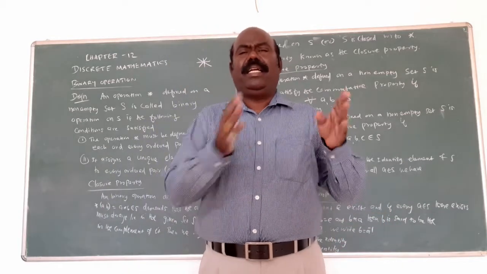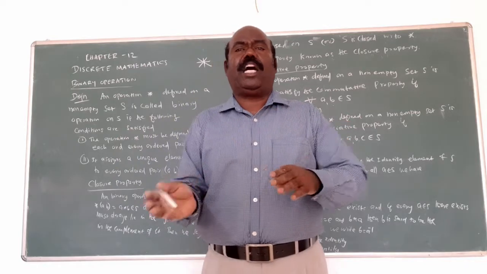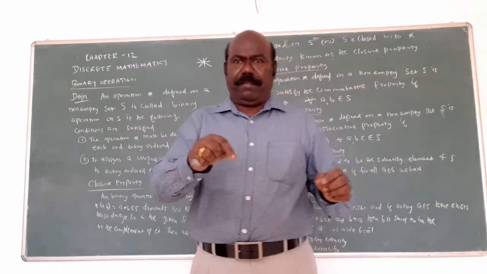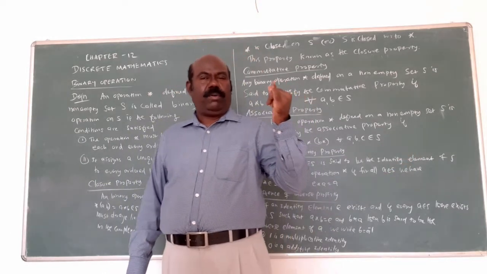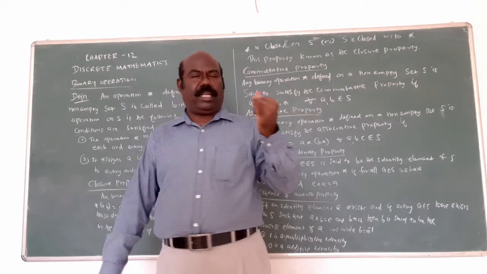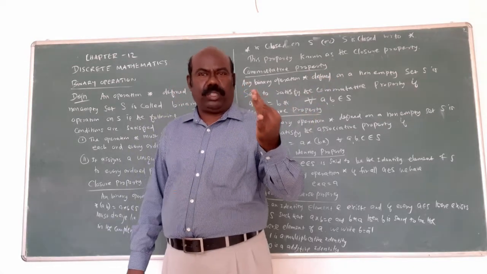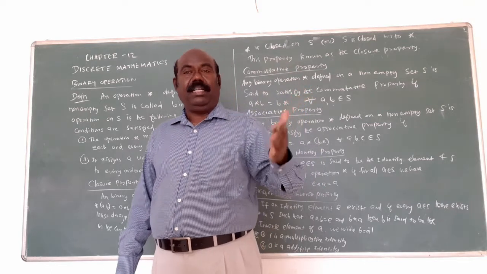Commutative is easy. You take two elements a, b. A star b and b star a will be equal. These are the 5 properties. Once again: closure, commutative, associative, identity, inverse. Am I right? Yes, 5 properties.